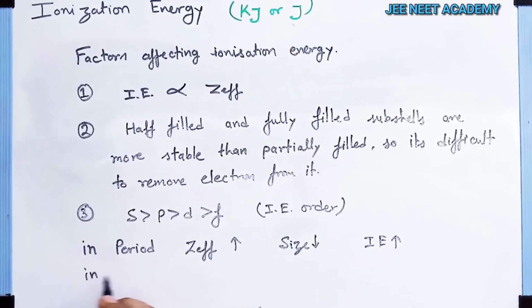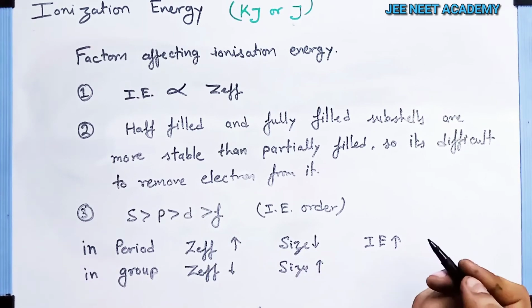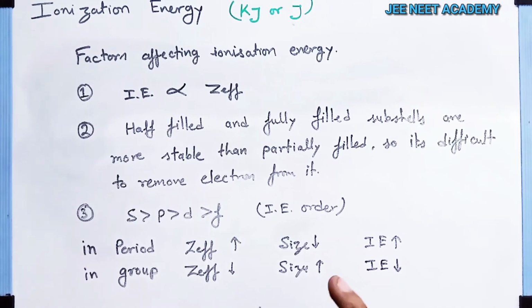In a group, Z effective is almost equal or less for all the elements, but the size is always increasing. As the size is increasing, ionization energy will decrease, because it is very easy to remove the electron from a big size atom.